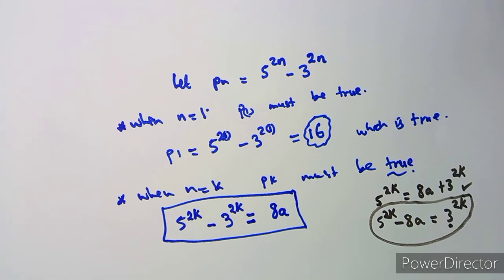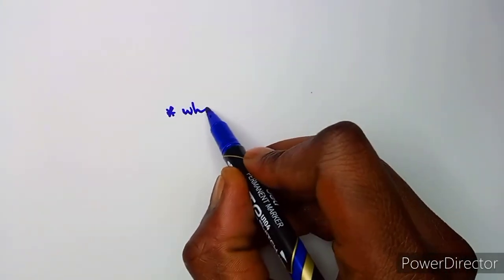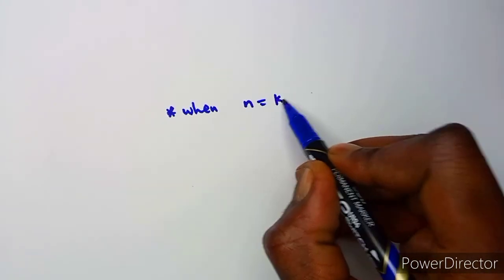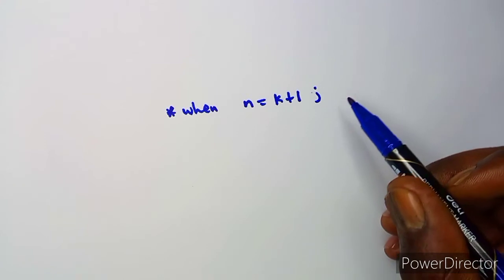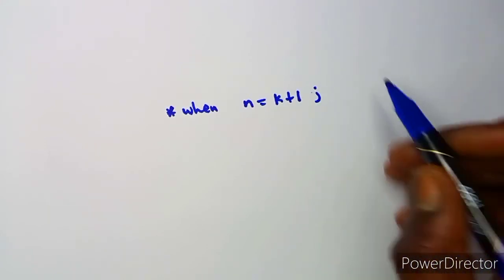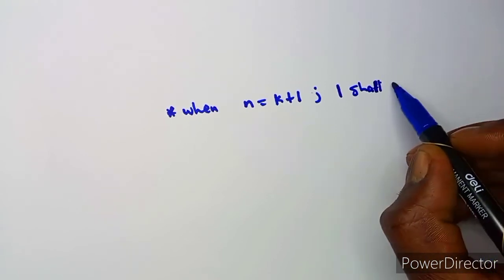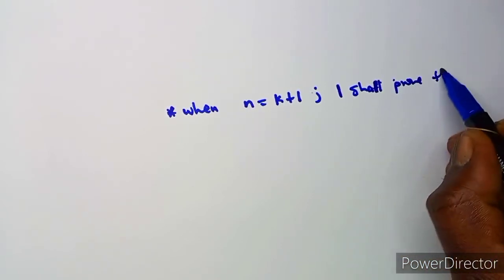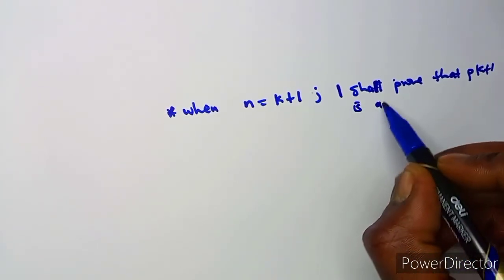Why play around with the statement? Because it is the same statement that you are going to use now to prove for pk plus 1. It is the same statement that you are going to use now when our n is equal to k plus 1, because here you shall prove that if n is equal to k plus 1, then pk plus 1 is also true.